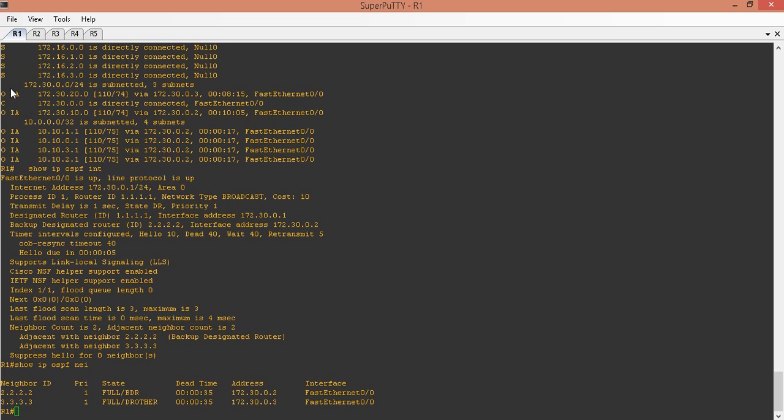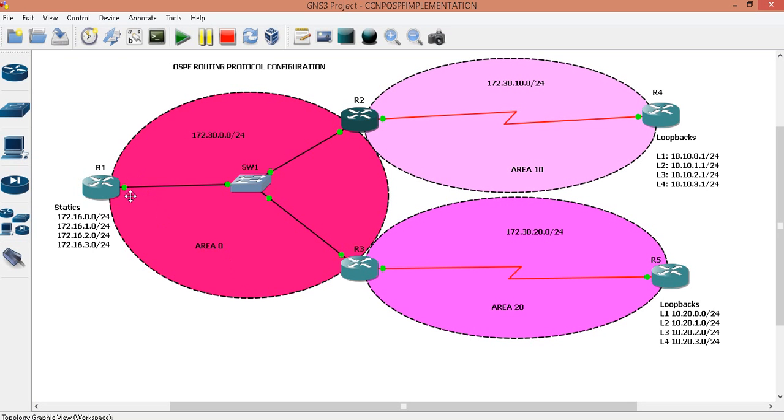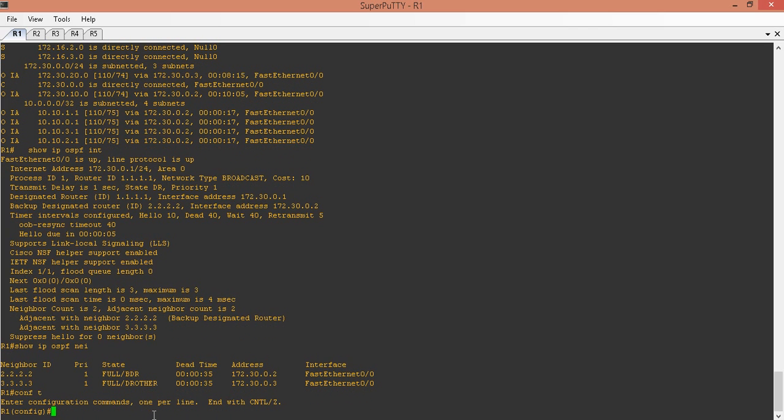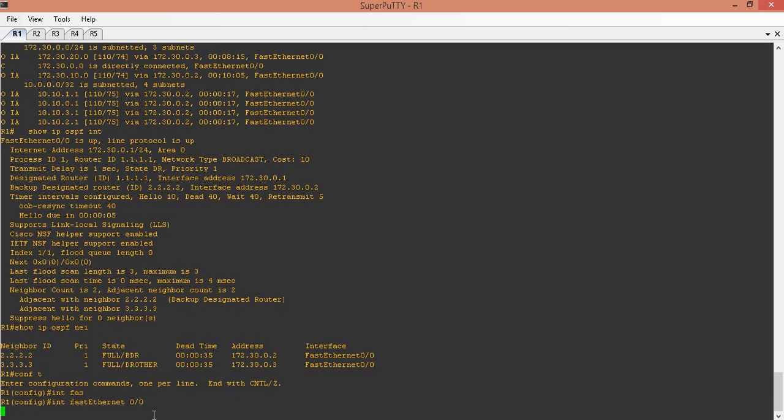We go to router 1, and router 1 is connected to the Ethernet segment with which interface? This is the interface, FastEthernet 0/0. So I'm going into interface FastEthernet 0/0, and I say ip ospf priority.